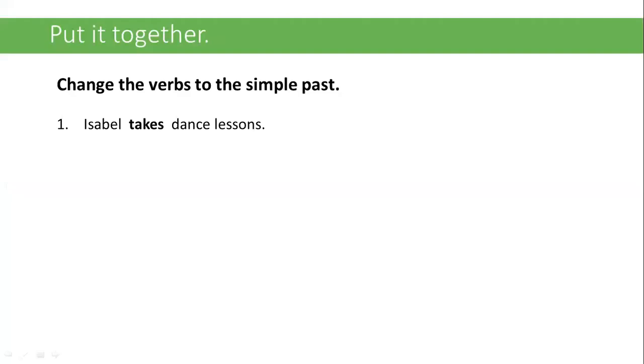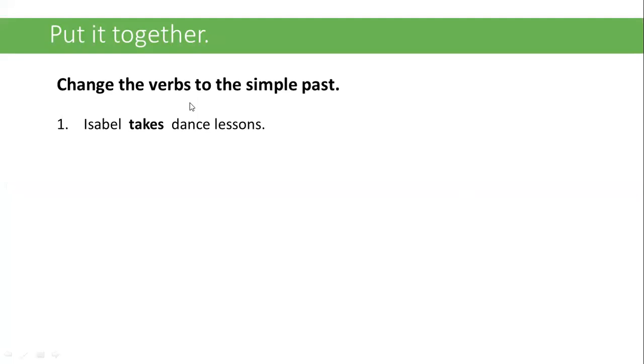Before we go further to learn simple past, can you please change these verbs first to the simple past? The first is Isabel takes dance lesson. As you may know, take is the verb base form of take.